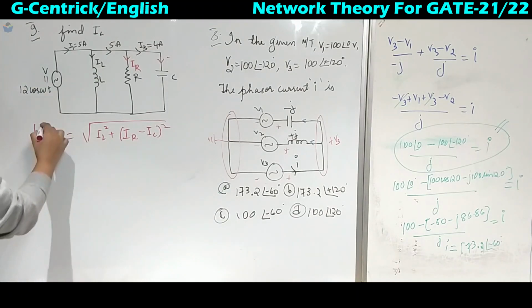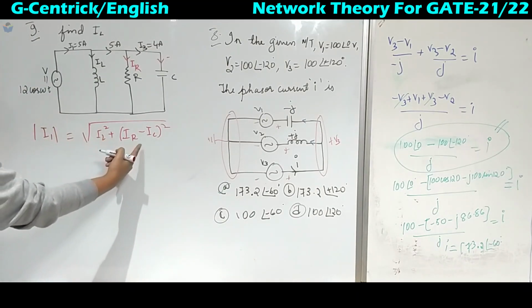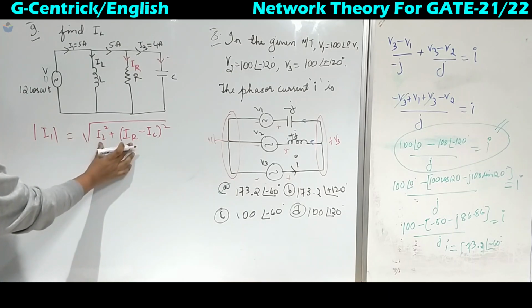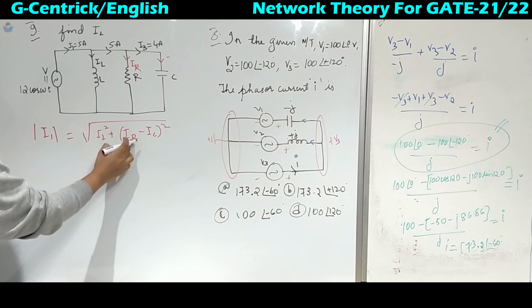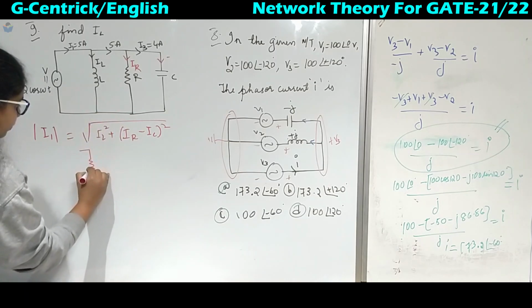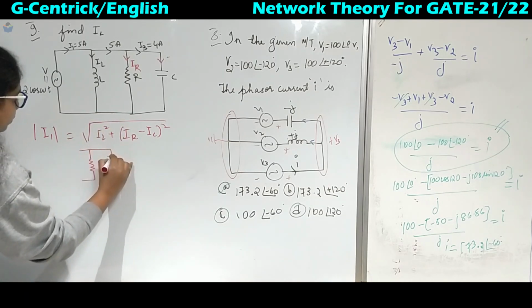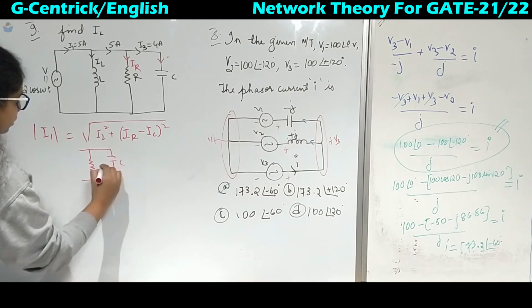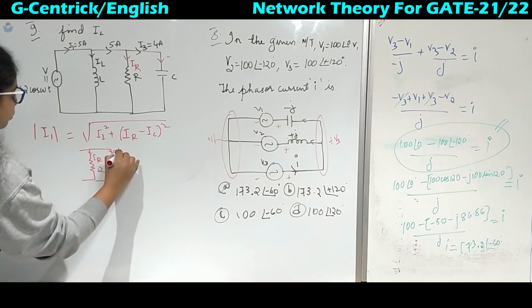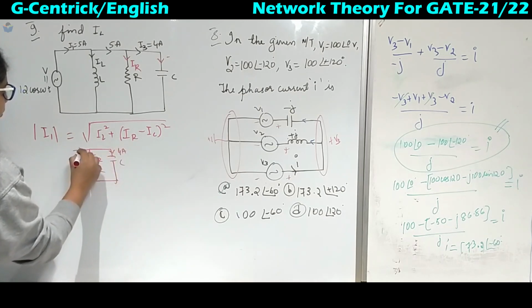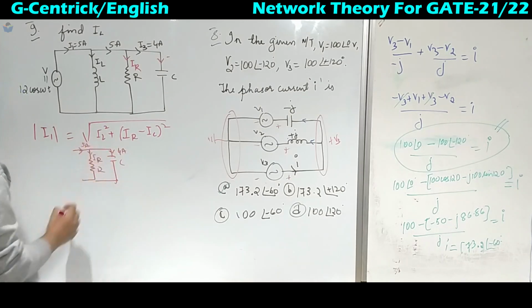So now we know the value of I1, we know the value of IC, but we have to calculate these two. For calculation of IR, I will redraw the circuit here. Then we have got C, this is R, this is IR, and what is the current flowing here? 4 ampere, that is IC, and from this branch we have got 5 ampere.